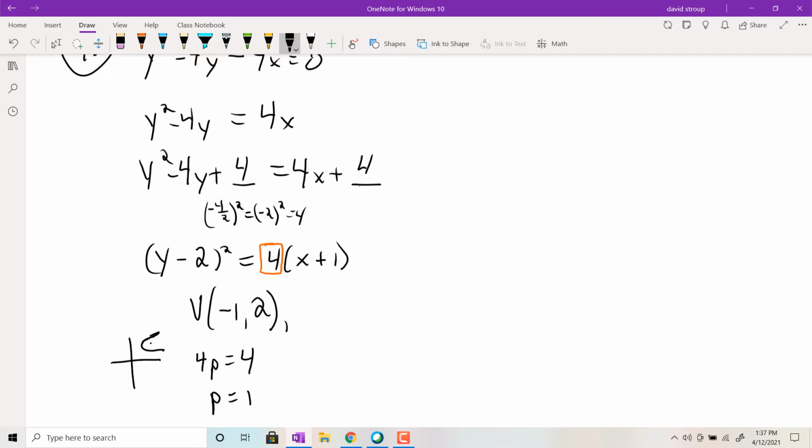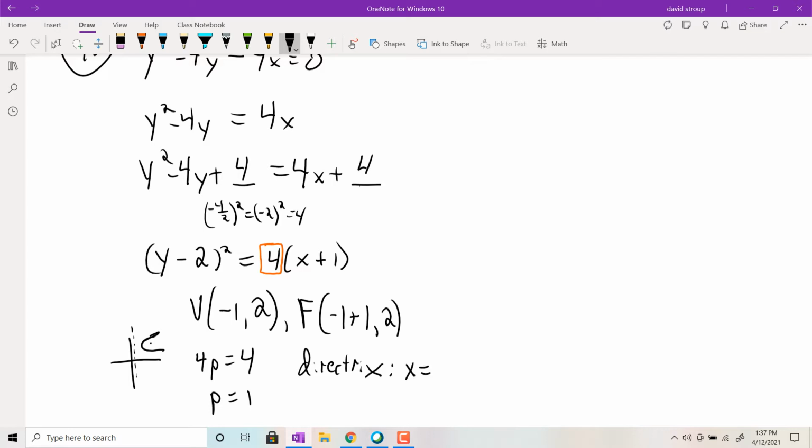So in that case, we need to go forward, but we need to manipulate the x-coordinate of the vertex to get to the focus. Okay, so it would be negative 1, and we have to move by 1, okay, and then comma 2. So 0, 2 is the focus if you wish to rewrite that. It's okay to leave it like that though. And then the directrix, in this orientation we need a formula x equals something.